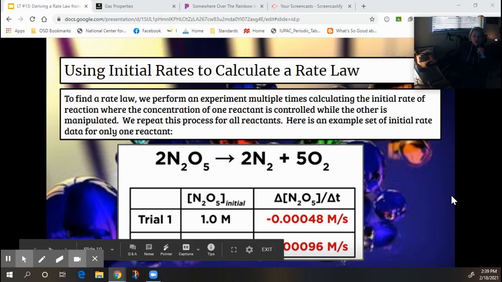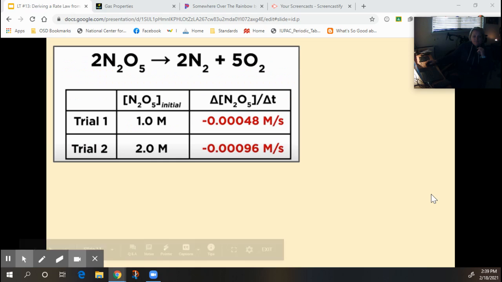And I did 2 trials. The first trial, I had 1 mole per liter of the N2O5. And the second trial, I had 2 moles per liter of N2O5. And when I doubled the concentration, lo and behold, you can see, doing some mental math, I doubled the rate of reaction. And by the way, there's your rate of reaction equation, change of concentration over change in time.